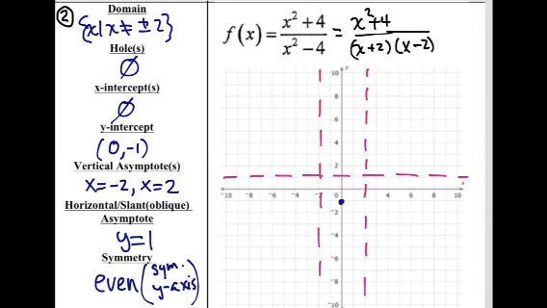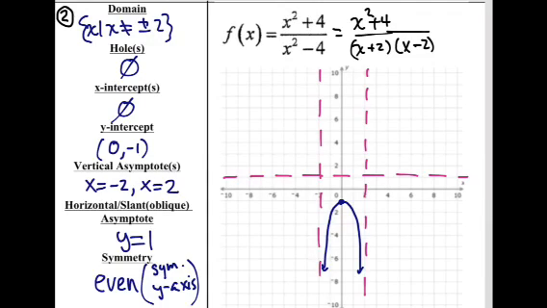Okay, so with that in mind, I know the graph is never going to cross the x-axis, and I have a point at (0, -1), and I know that the graph is symmetric with respect to the y-axis. So then with that in mind, I know that the graph is going to go down this way, because it can't go up, right? There's no way it can go up.